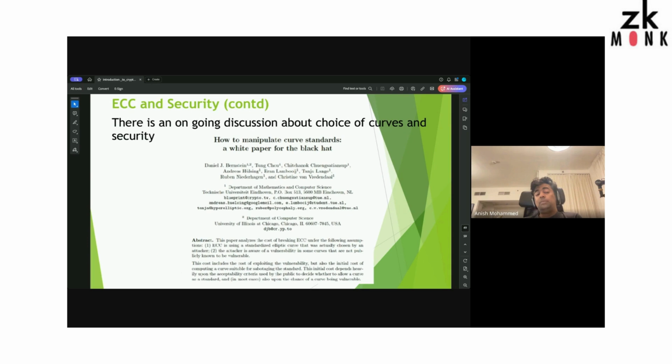There's this paper that was published, which I have here, with Dan Bernstein and a bunch of people describing how to attack various elliptic curve standards. So if you were to look at implementing something, be very aware that taking a random elliptic curve is not the smartest of ideas. Can I have the next slide, please?